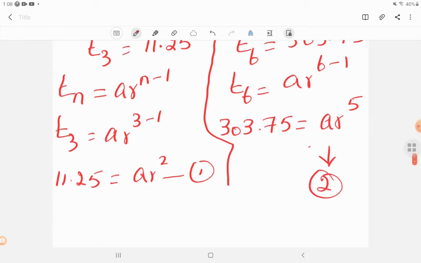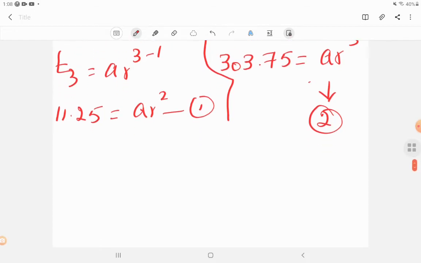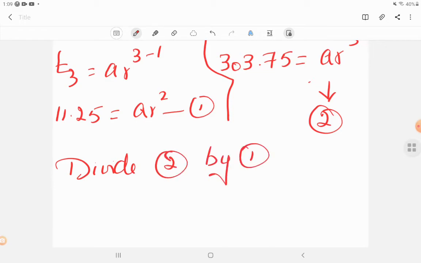Whenever we have a geometric sequence where two terms are given, in order to find the first term and the common ratio, we use the explicit rule and frame two equations and then divide the second equation by the first to get the value for R. So divide the second equation by the first one.